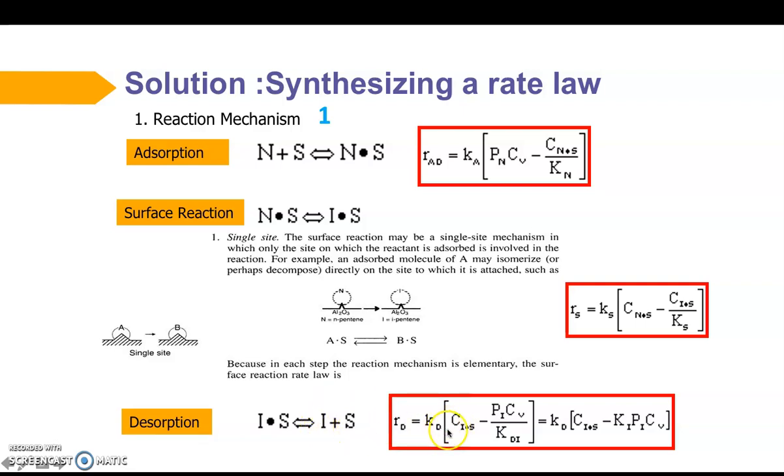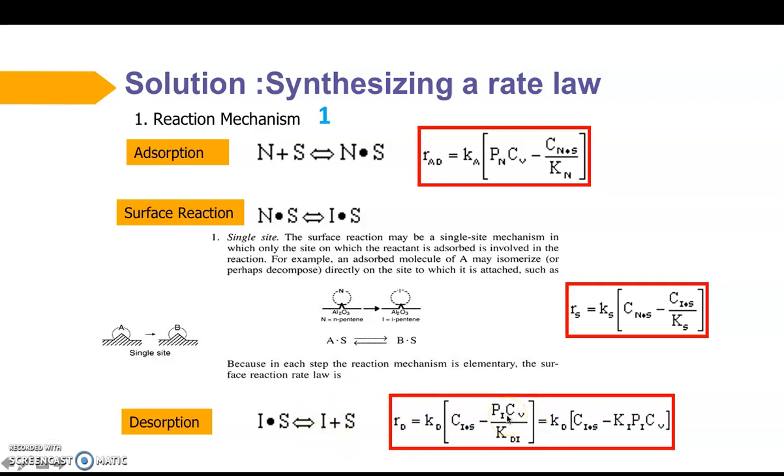So this is how we derive the rate law. kD stands for desorption. CI dot S, because I is attached on S. Here is PI, why? Because I, pentene, is not attached on any of the catalyst sites, so it's a gas phase.